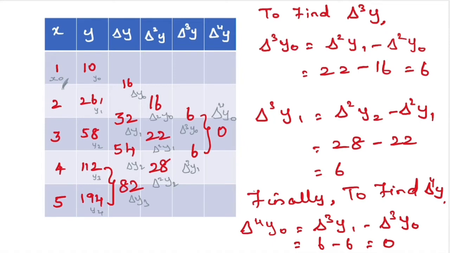And h is the common difference between the x values. That is 2 minus 1 is equal to 1, 3 minus 2 is equal to 1, 4 minus 3 is equal to 1, similarly 5 minus 4 is equal to 1. So this is the common interval between the x values, which is equal to 1.